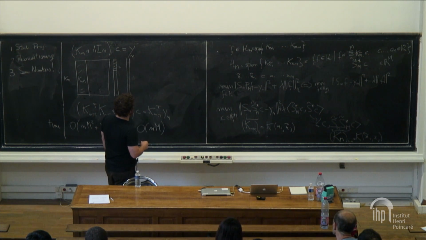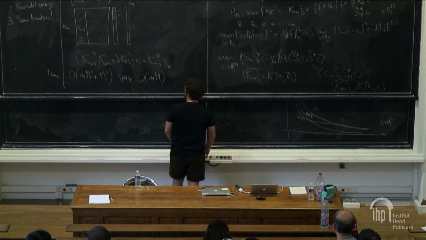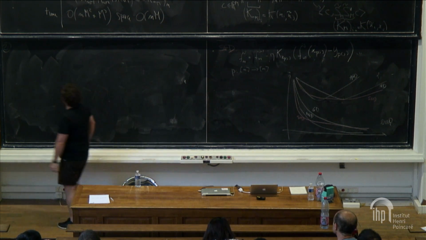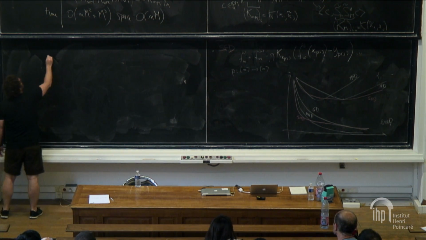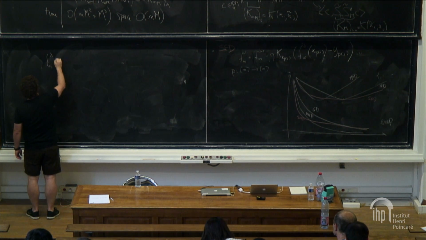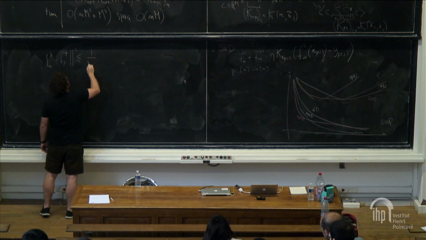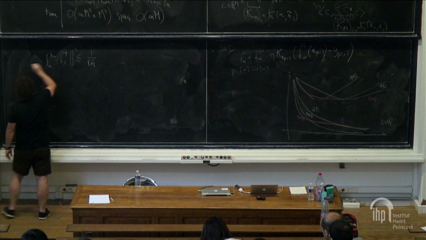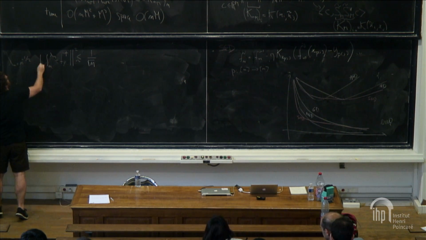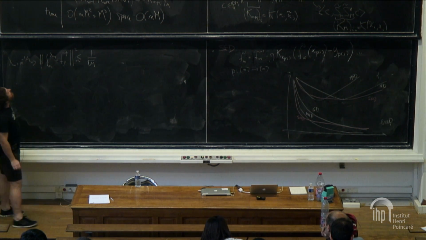So there's something below, right? Remember that for Tikhonov regularization, we had the result that says that if you pick lambda n to the minus 1/4, then with high probability you get something like this.